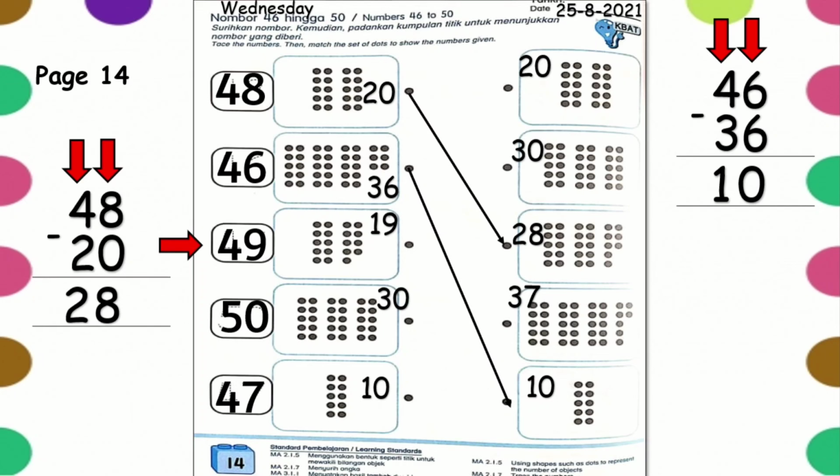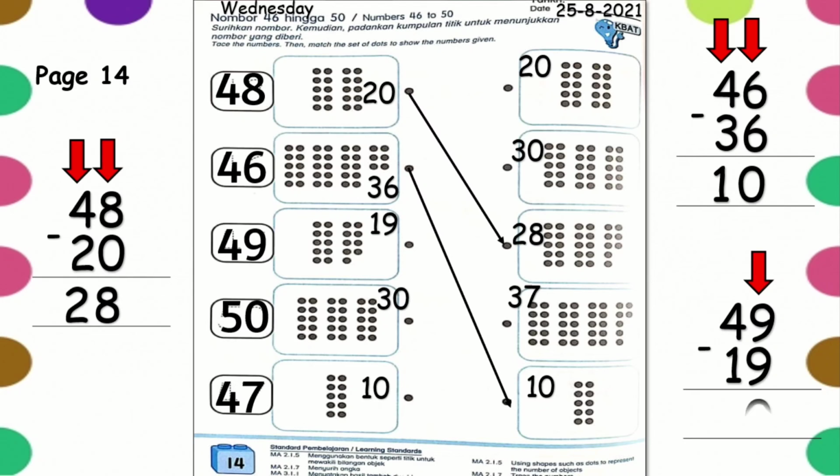And then the next one, 49. But the given set of dots is only 19. So how much more do you need to get 49? So again, 49 minus 19. Let's start with the ones first. 9 minus 9.